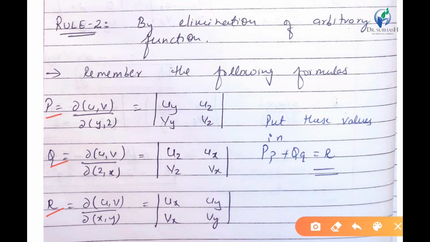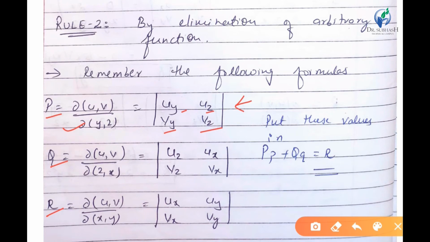P equal to del uv upon del yz, which is equal to the determinant of uy uz vy vz. Now we have to find the determinant of this term. We will see it in our examples.